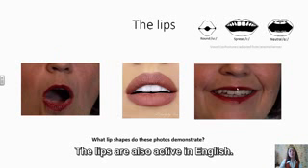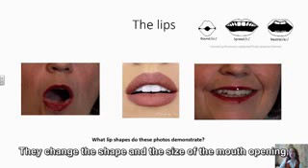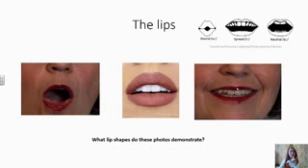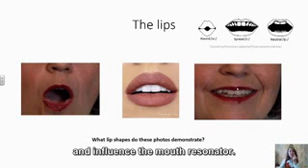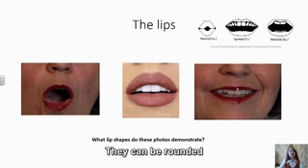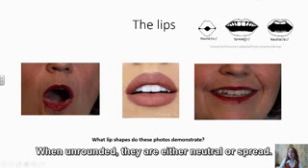The lips are also active in English. They change the shape and the size of the mouth opening and influence the mouth resonator. They can be rounded and unrounded. When unrounded, they are either neutral or spread.